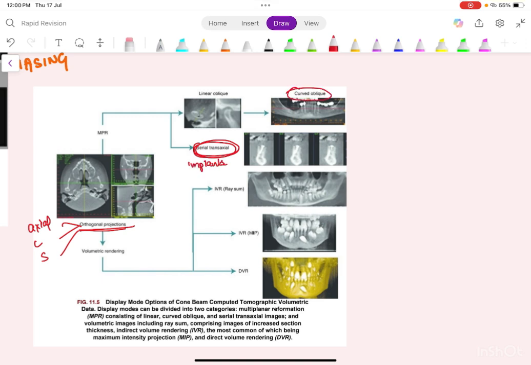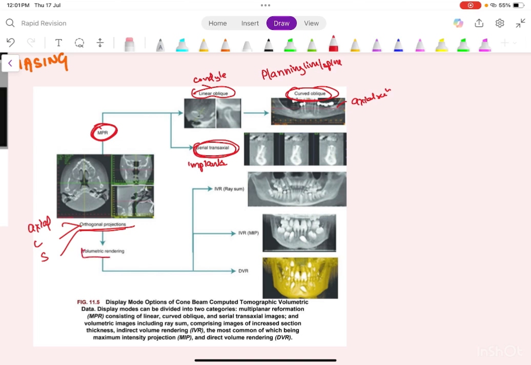Then you can have a curved oblique or curved planar. Basically this is the axial section of mandible, if you can see. So in this now you have something called as a planning line or a spline, and then linear oblique is basically used for condyle, okay. So this is our non-orthogonal planes, okay. MPR, multiplanar reconstruction.